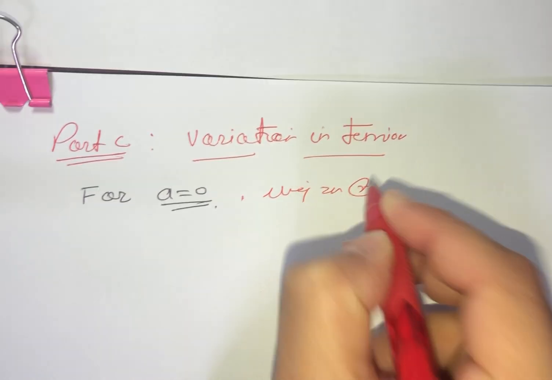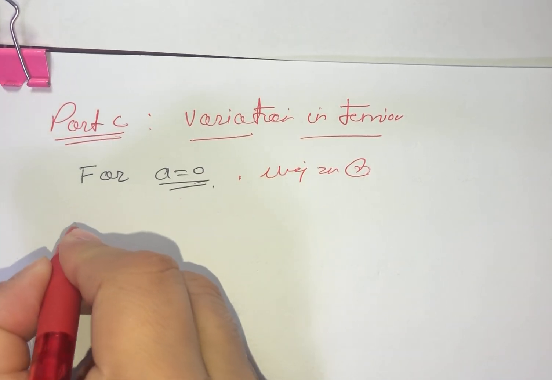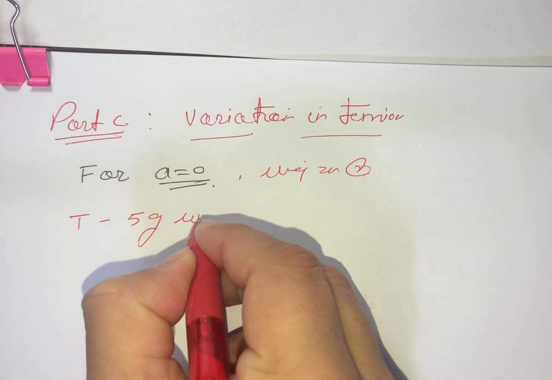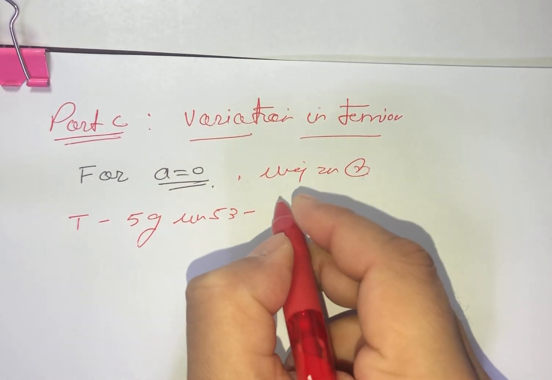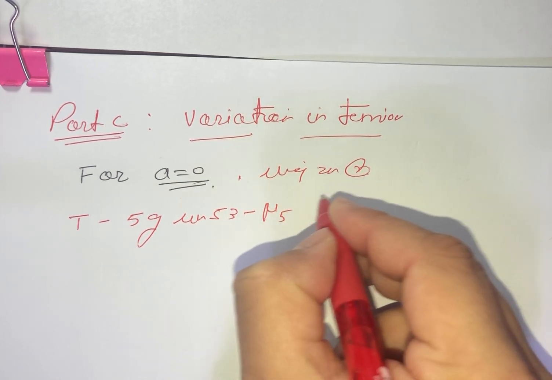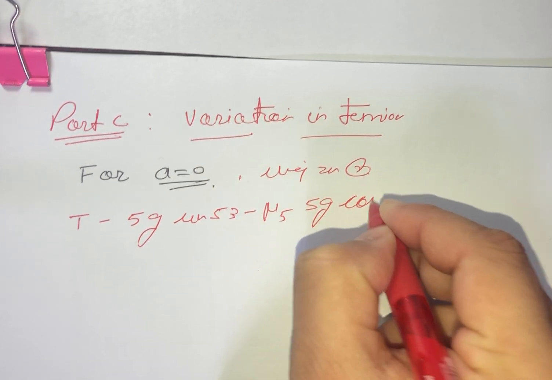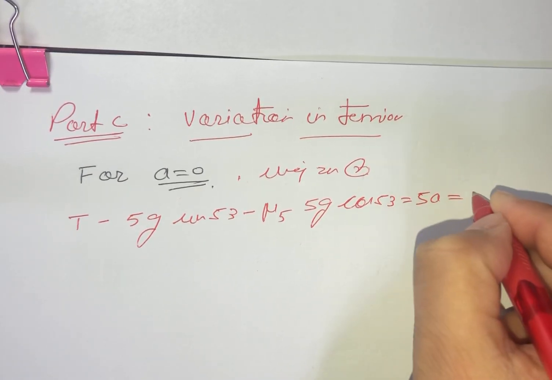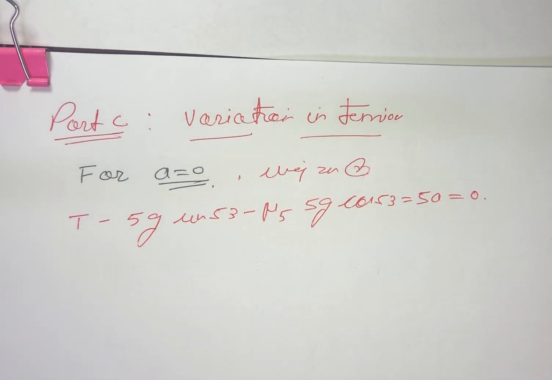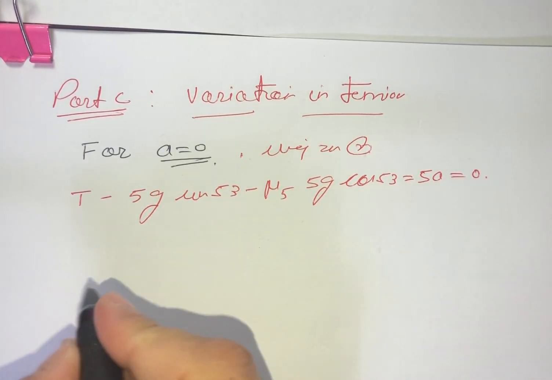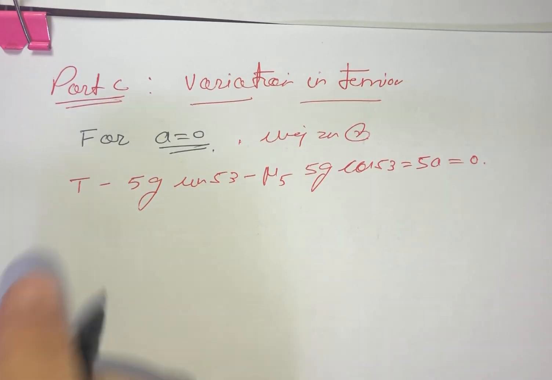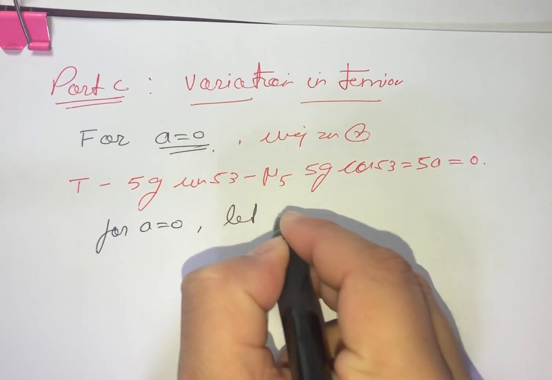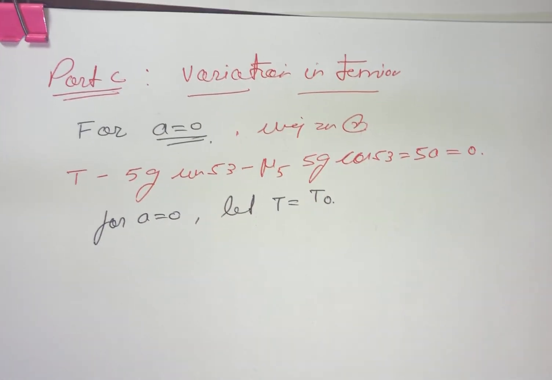Using equation 2, we can write T minus 5g sine of 53 minus mu5 into 5g cos of 53 is equal to 5a, which is equal to 0, and let us call that tension as T naught. Okay. So it means for A is equal to 0, let T is equal to T naught.